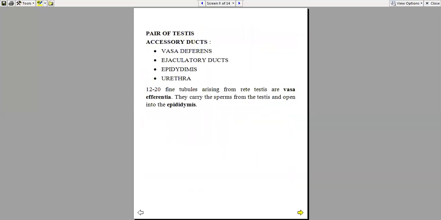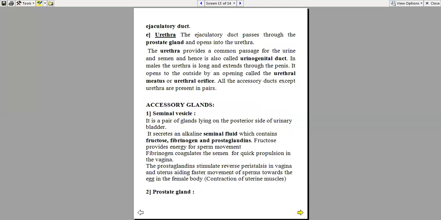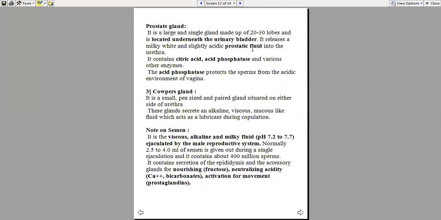The fluid secreted by the prostate gland is called prostatic fluid. The chemicals present in the prostatic fluid are citric acid and citric phosphate. These two chemicals protect the sperm from the acidic environment of the vagina.